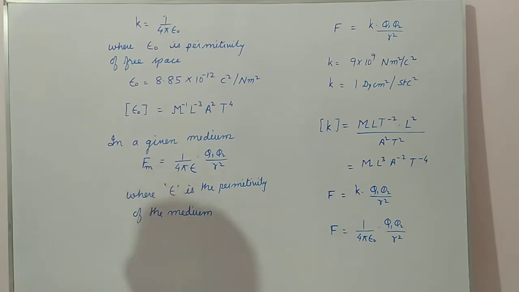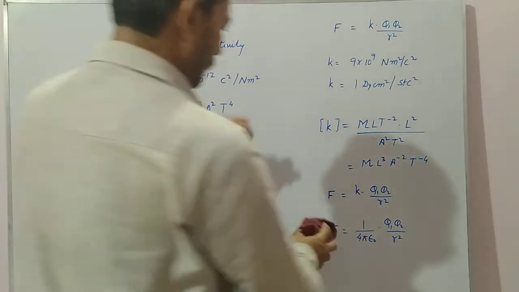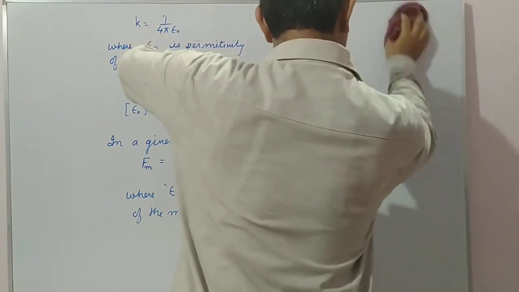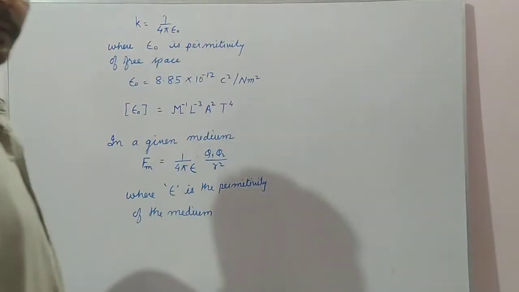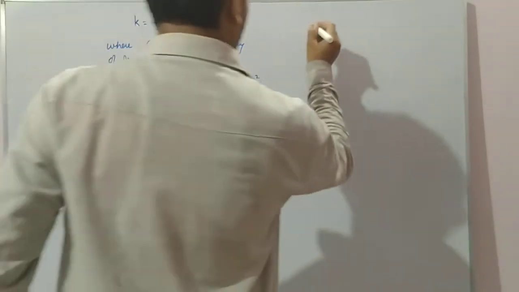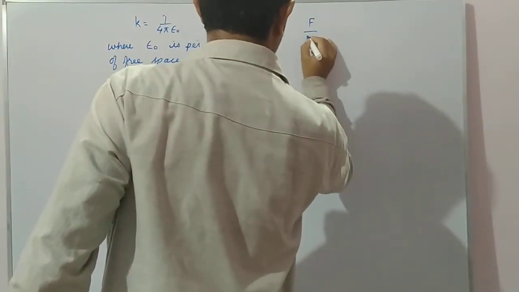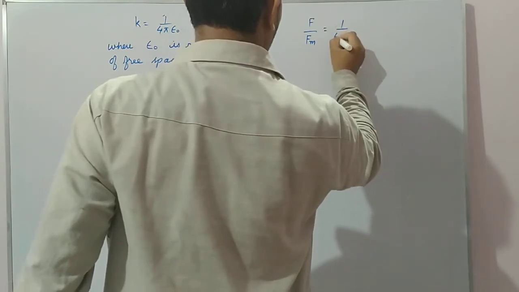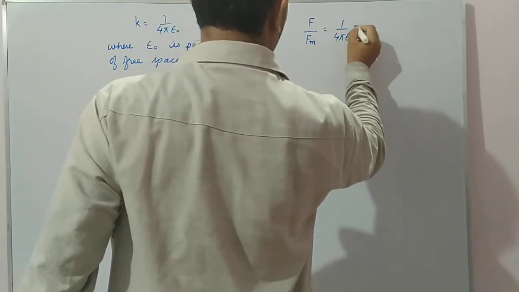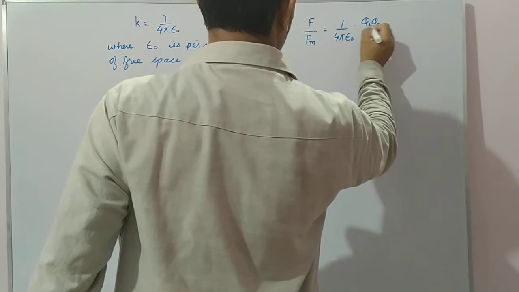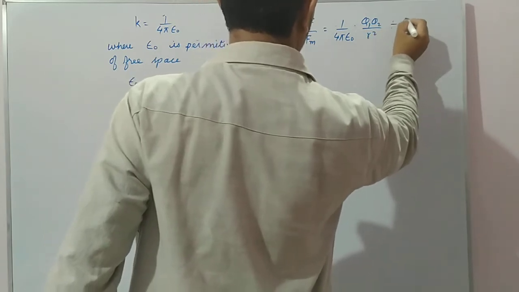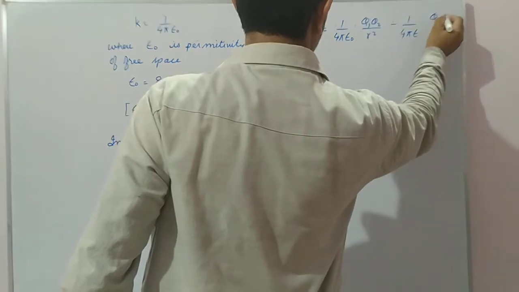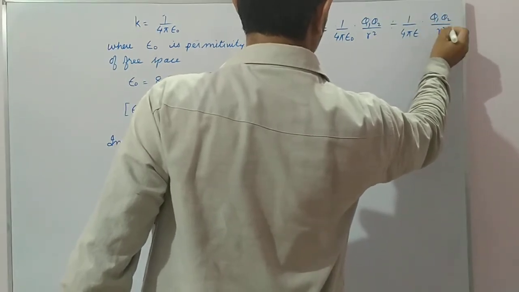Now, see here. Here you can write F by Fm, which is 1 by 4 pi epsilon naught Q1 Q2 by R square divided by 1 by 4 pi epsilon Q1 Q2 by R square.